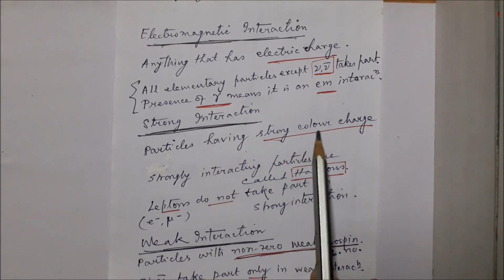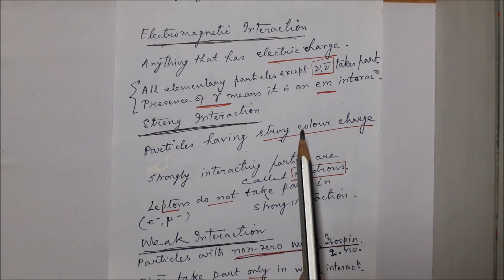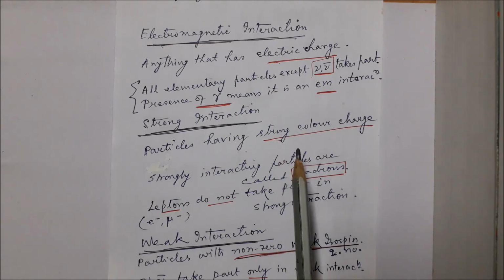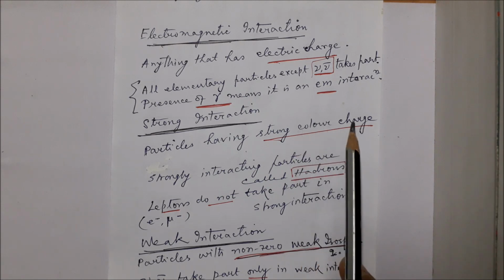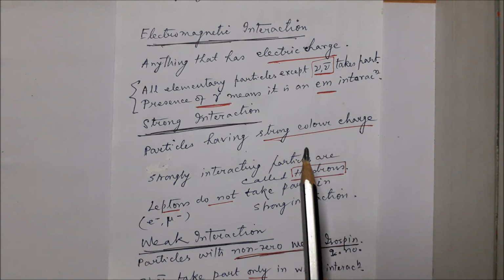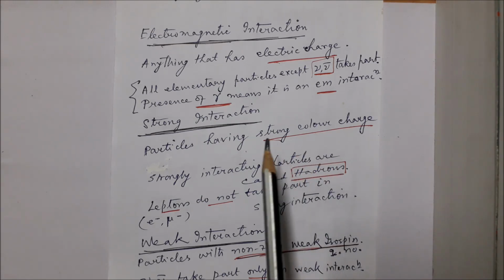We shall discuss color charge in a later lecture, but let me add that this color charge is not the red color, blue color, green color that we see with our eyes.